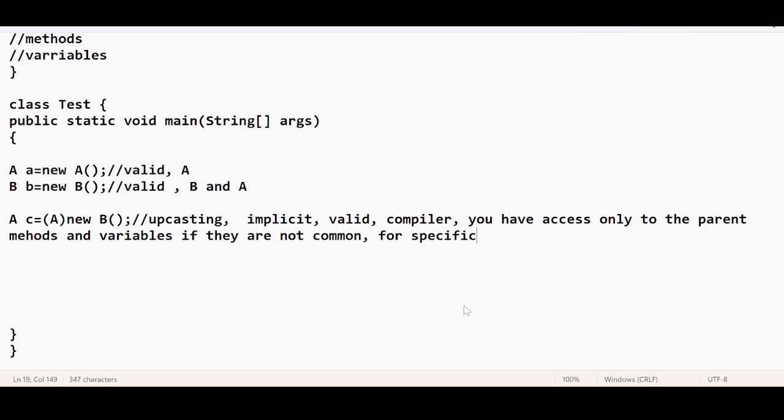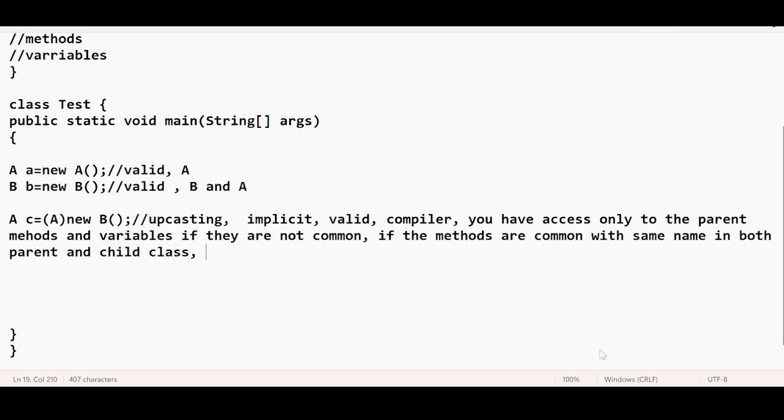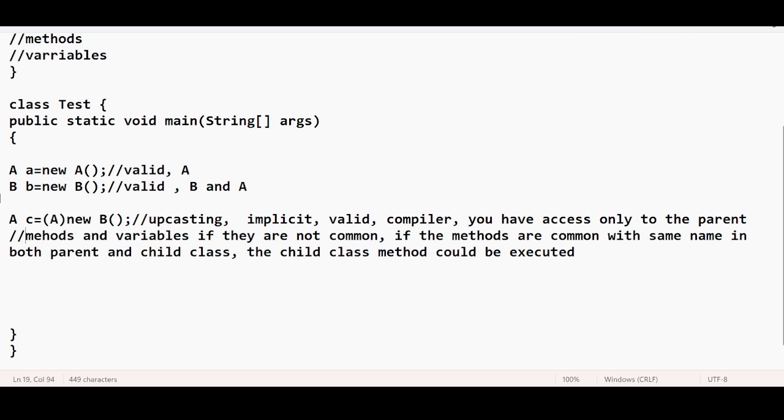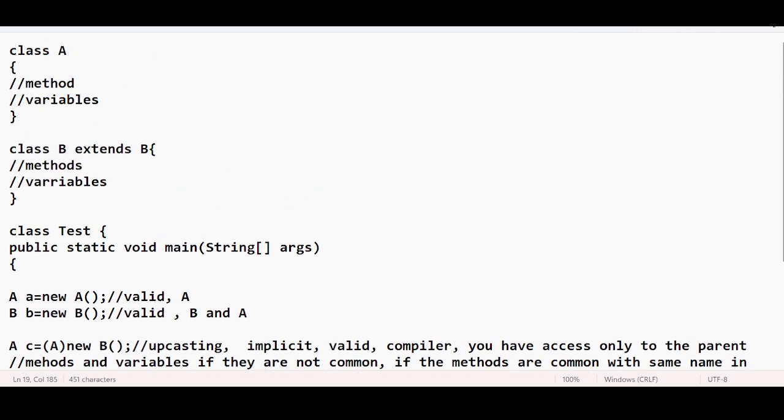And if they are common, if the methods have the same name in both parent and child class, the child class method could be executed. This part is called upcasting.